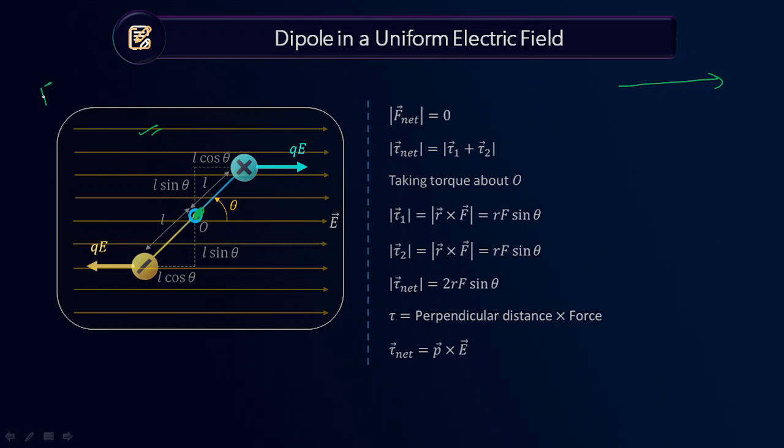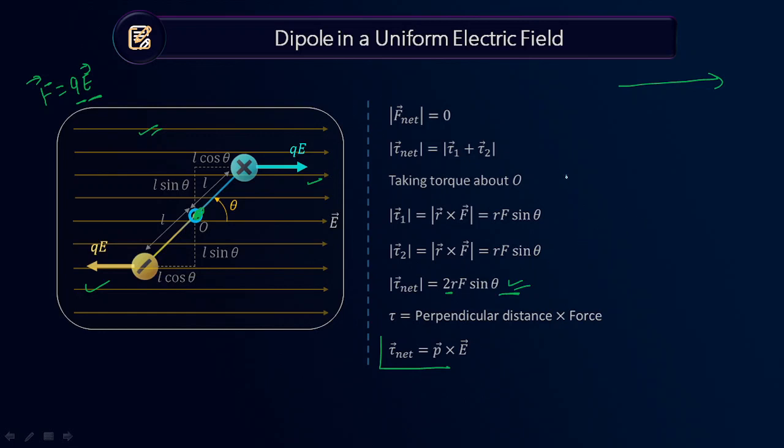We know that the force is equal to Q times E. So the direction of force will be along the direction of the electric field if the charge is positive. If the charge is negative, it will be opposite, like this, right? So due to these two, again torque will be equal to 2RF sine theta.